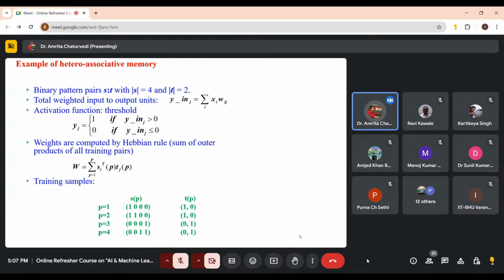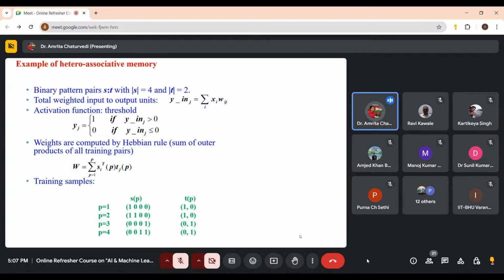The total weighted input to the output unit is summation xi wij. Then you simply apply the activation function over this net input. So yj is equal to 1 if yinj is greater than 0, and 0 if yinj is less than 0. This is for binary data.